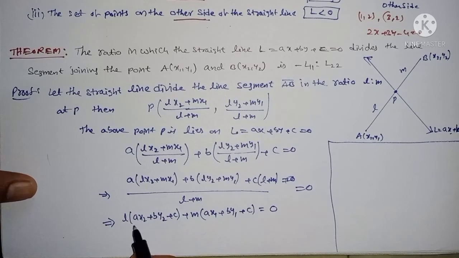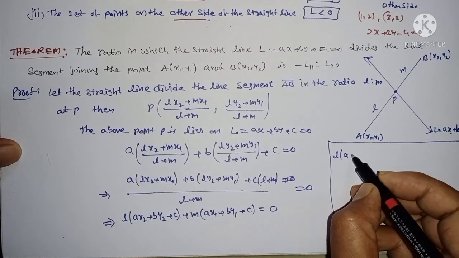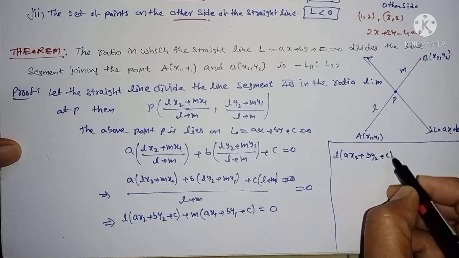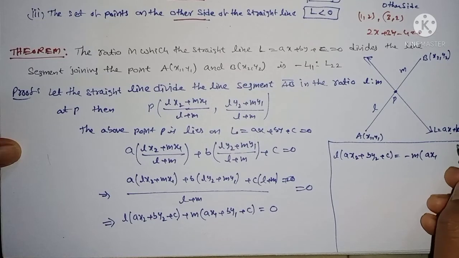You get L of (Ax2 plus By2 plus C) plus M of (Ax1 plus By1 plus C) is equal to 0. Or I can write here L of (Ax2 plus By2 plus C) is equal to minus M of (Ax1 plus By1 plus C).